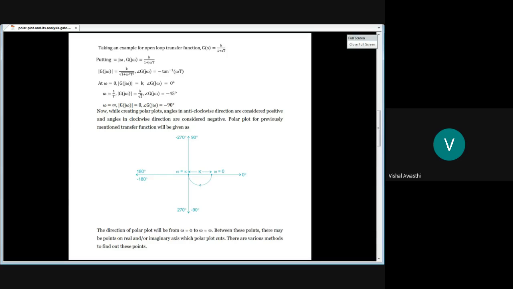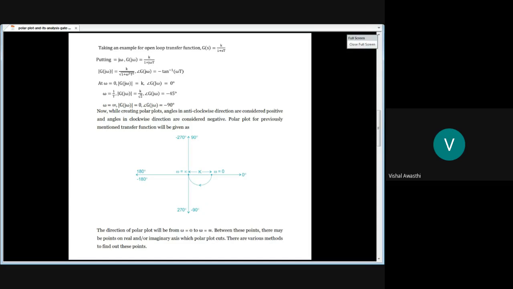The angle is 90 degrees. So you can see that there is a curve, or what we can say a semicircle, which starts from omega equal to 0, because this is its initial value of frequency, and the final value is omega equal to infinity. Its magnitude is at the origin, and it terminates with the angle of minus 90 degrees.